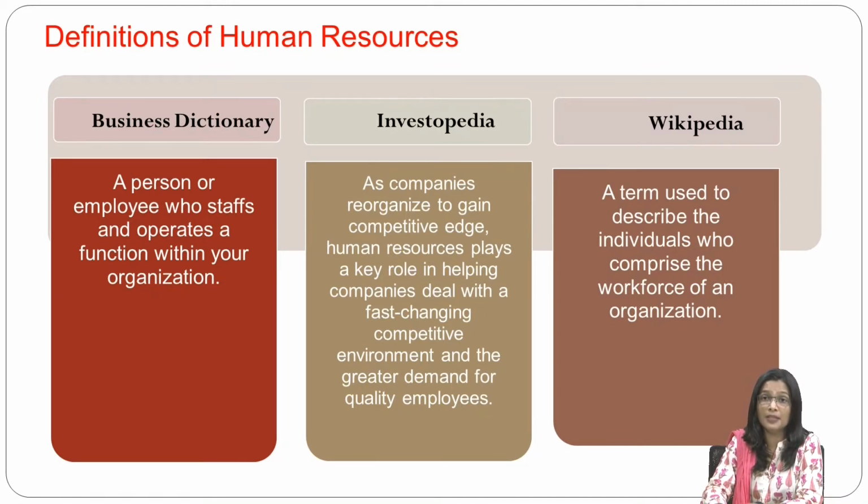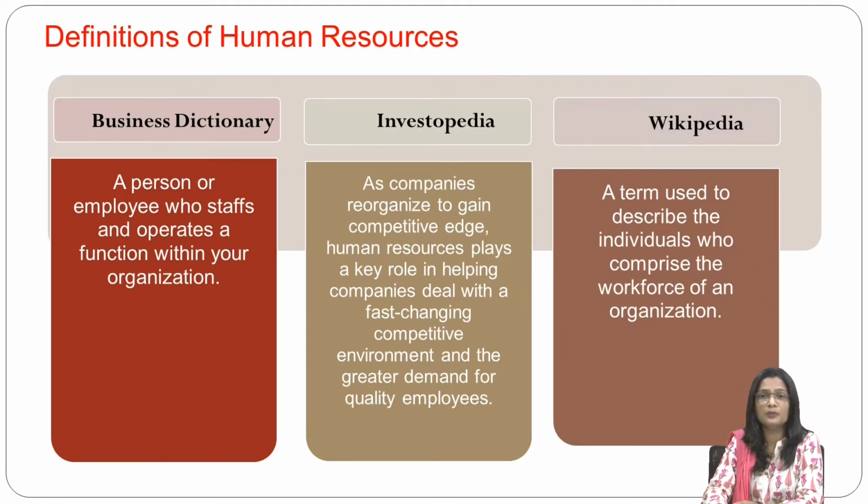Let's see what Wikipedia says. According to Wikipedia, human resources is a term used to describe the individuals who comprise the workforce of an organization. Now you can understand that over here, we are talking about individuals who comprise the workforce. When you are talking about having a small team of people, for even the smallest task, everyone will expect that the best people are part and parcel of the team.